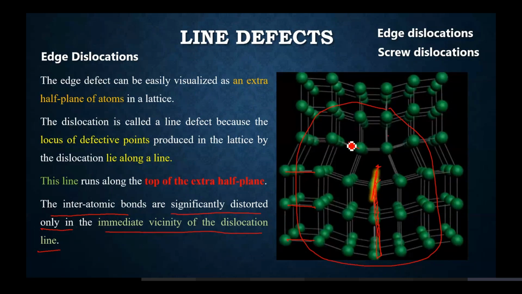But if you look at these bonds, they are distorted in different directions due to the stresses created by the insertion of this extra half plane. So within the vicinity of this defect, there is an inherent stress being created, and we'll look into how this stress is related to the presence of the extra half plane, and how the stress is distributed within it. So far, is it clear?